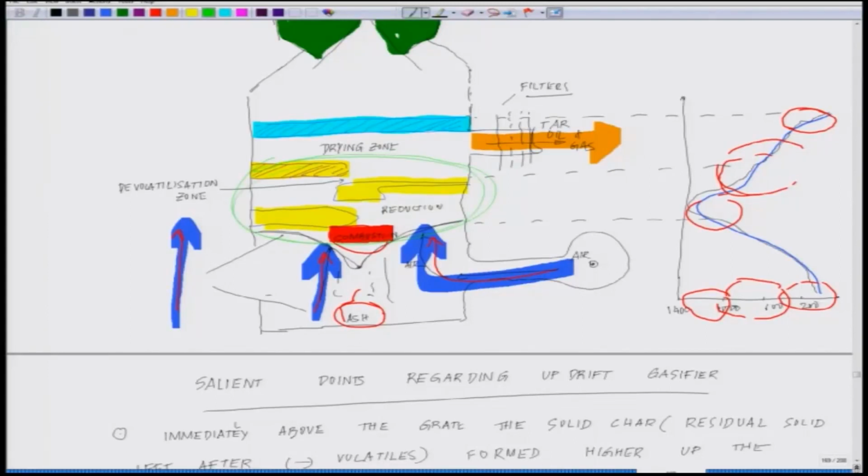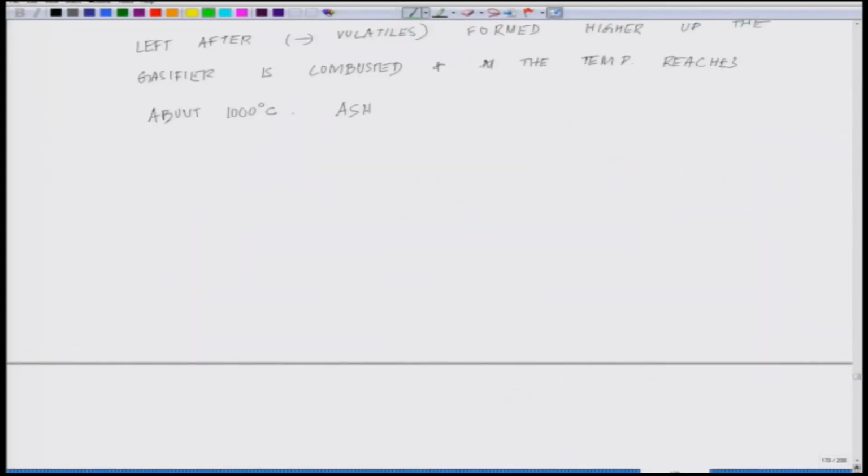All the major critical aspects are happening here, and the ash basically falls through the grate at the bottom, okay, and the hot gas passes upward and gets reduced.